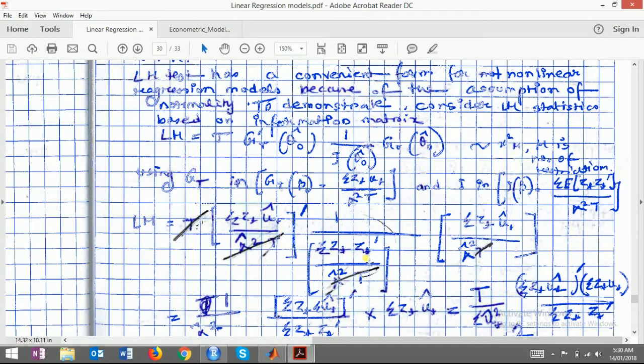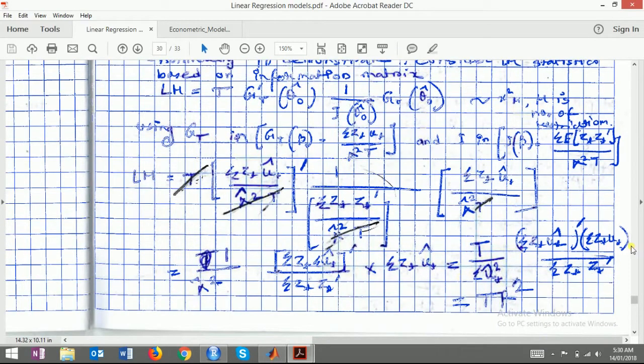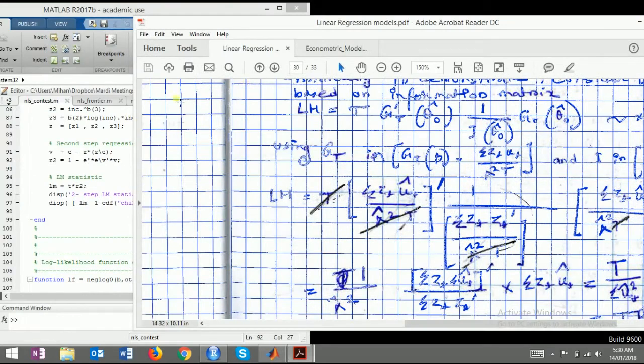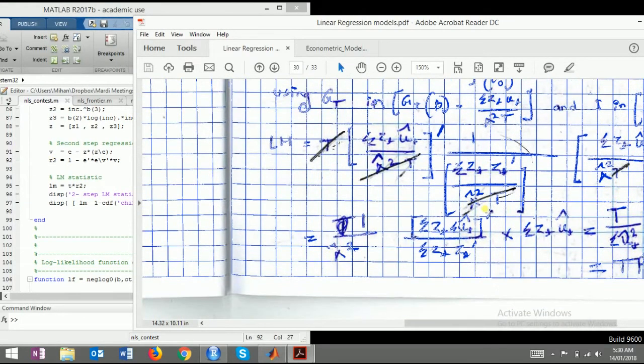Z into z by e, right? R square. Okay, so let's see v. E mu minus z into z by e, e, z into z divided by e transpose into e divided by v transpose into v.